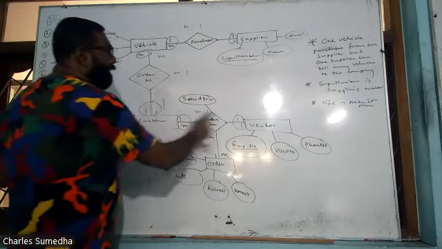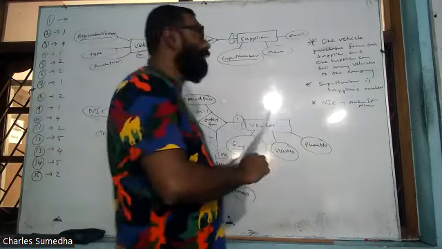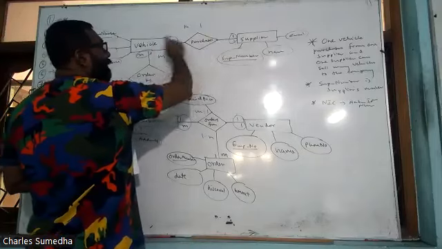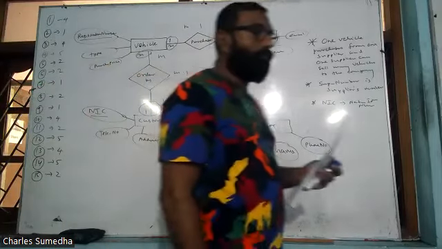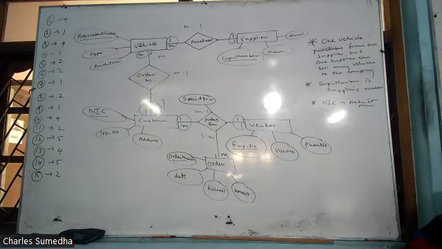Here you can see 1, 2, 3 entities are there: ternary. Here you have binary. Okay, clear? Go through, read, and ask the questions.